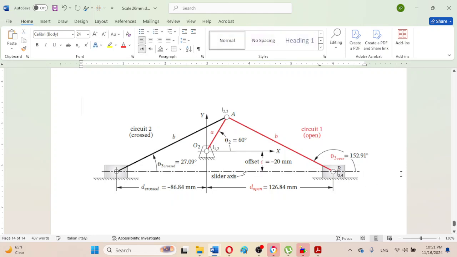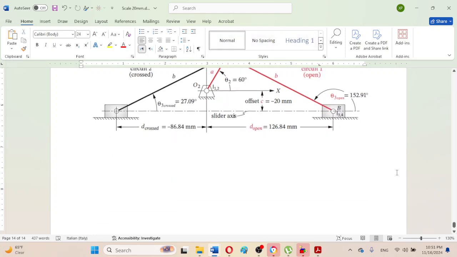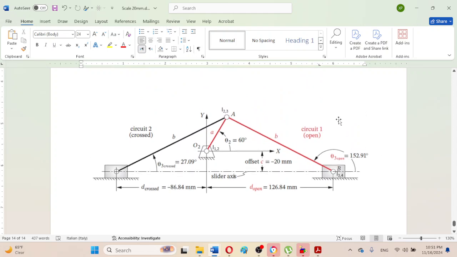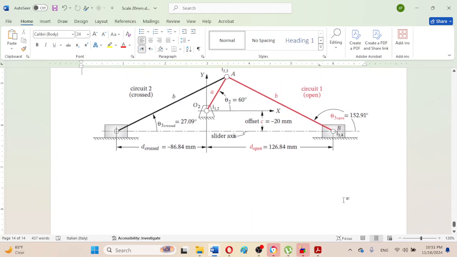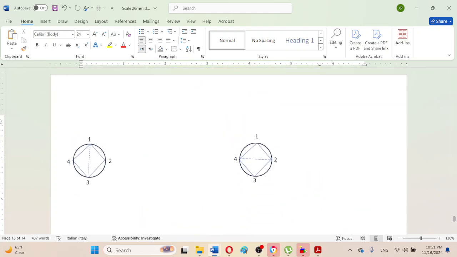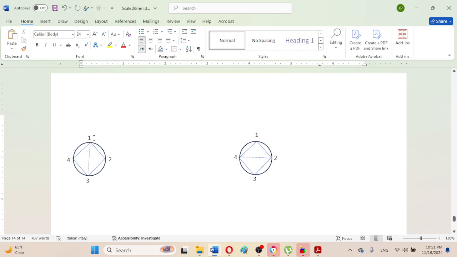So the 4th permanent instant center will be located. Between links 1 and 2 the permanent instant center is 1, 2, and between link number 2 and link number 3 the instant center is 2, 3, which has been located.